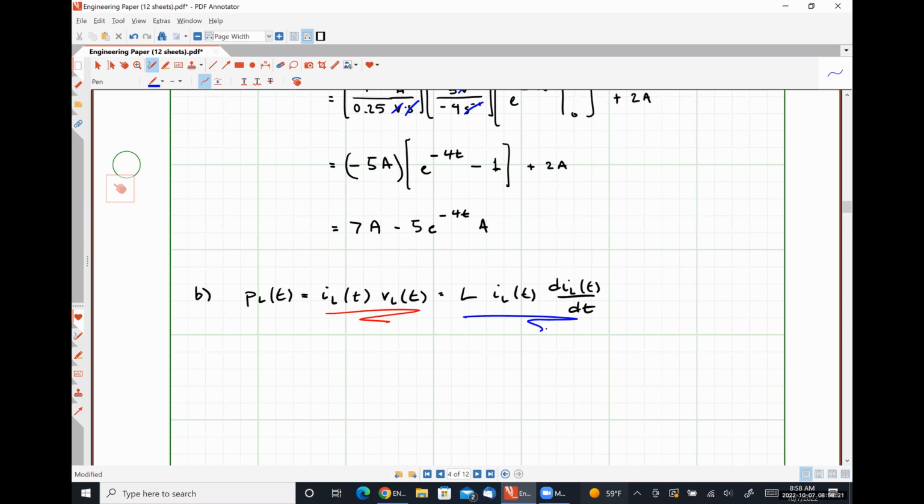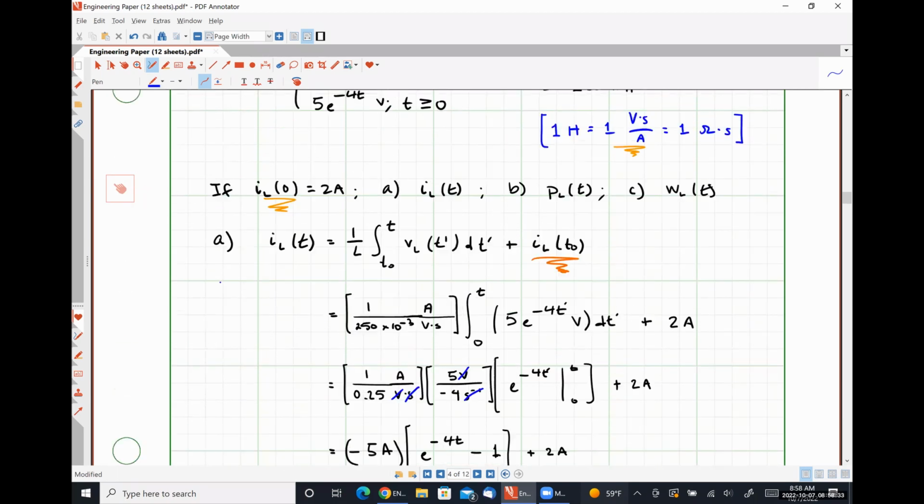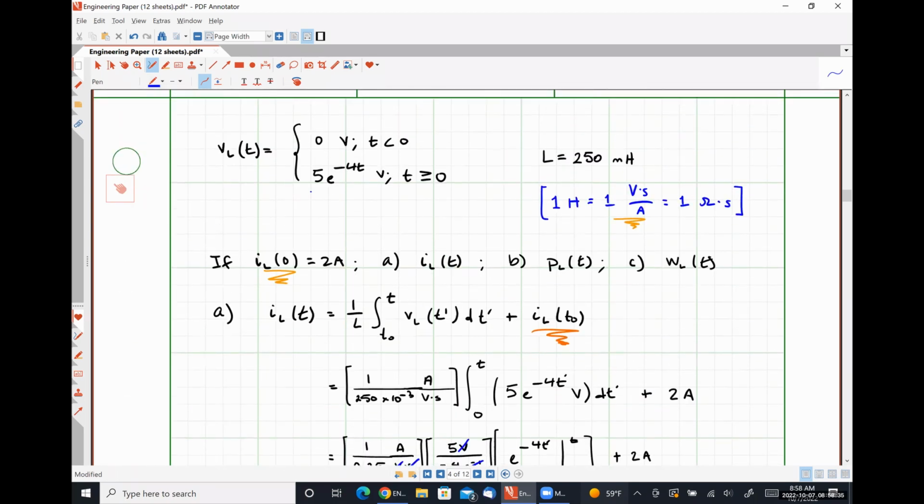I disagree. Why I disagree with that is because we already know what the voltage is. It was given to us. Why make it harder on ourselves re-deriving it? Right? In our problem statement up here, this is the voltage. If we do L di by dt, we are literally just going to get that same thing again, but it's going to take a lot more work to derive it than just taking it from the problem statement. Okay?